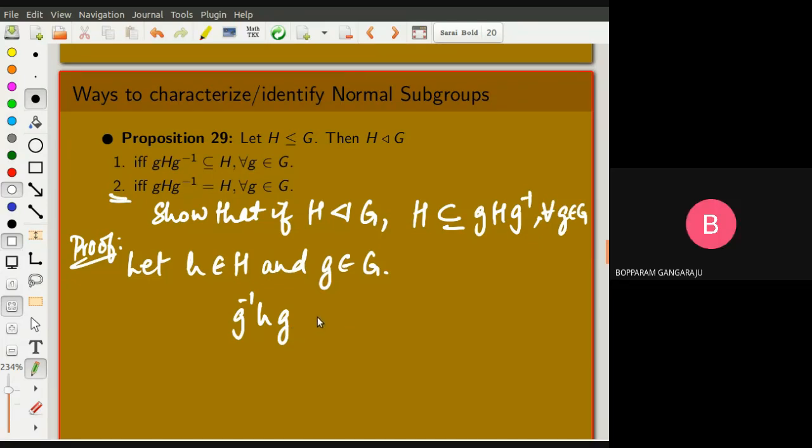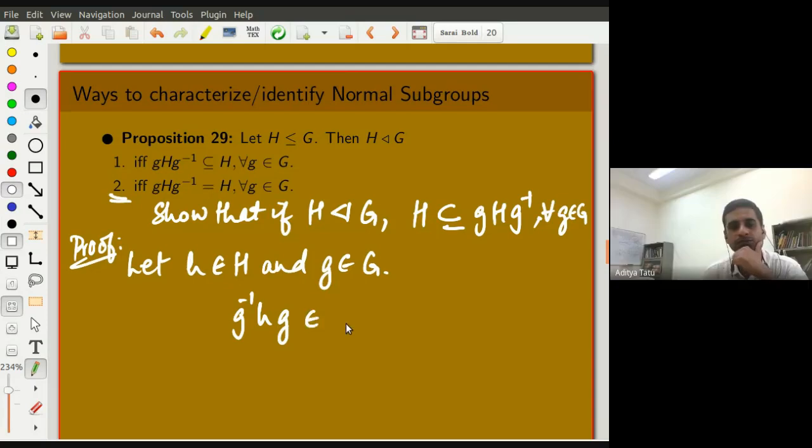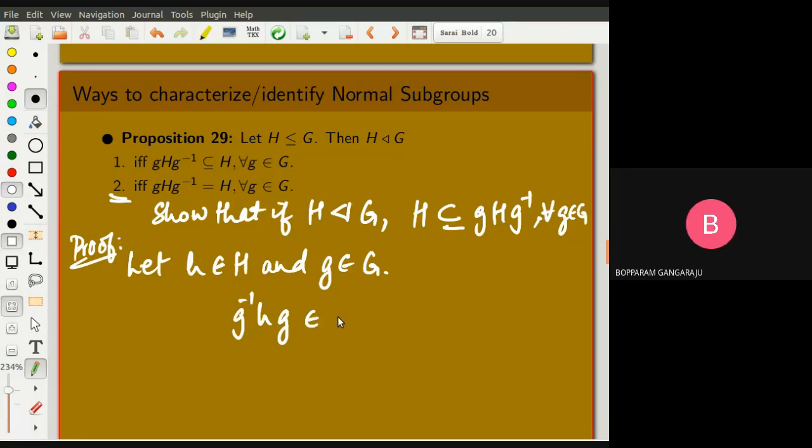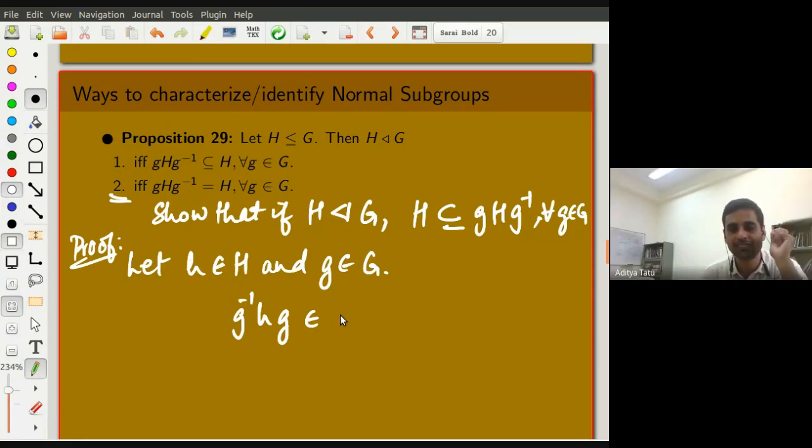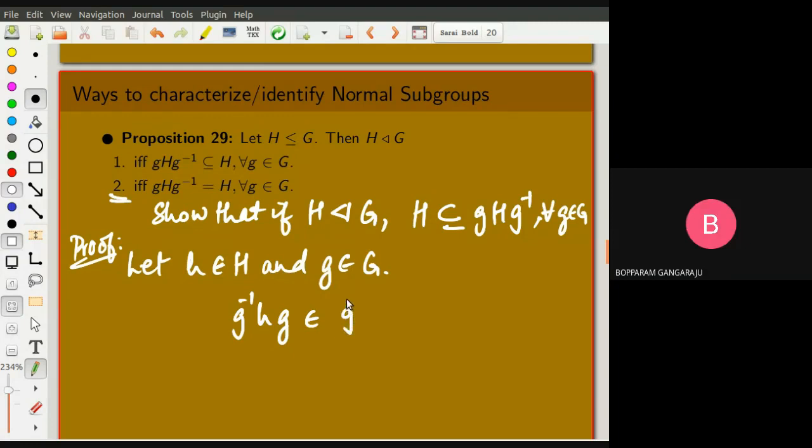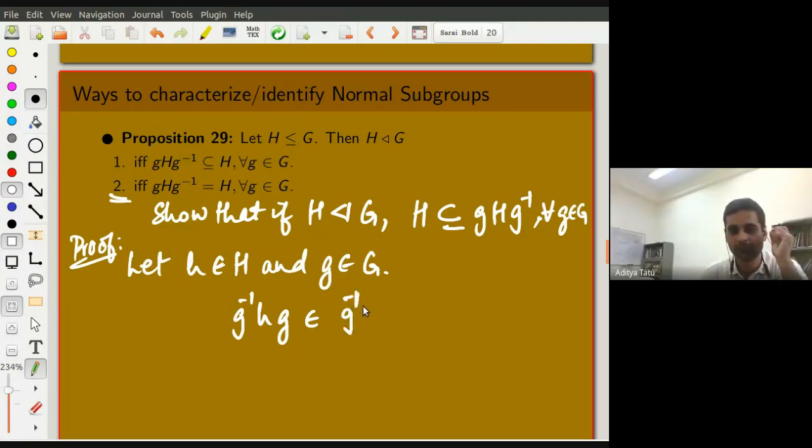Does it belong to GHG inverse? No, it does not belong to GHG inverse. It belongs to H. But how? Because it belongs to G inverse HG, right?